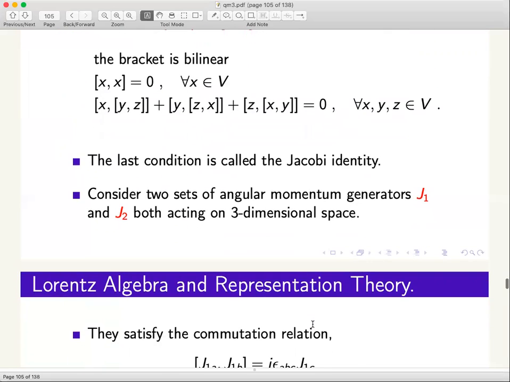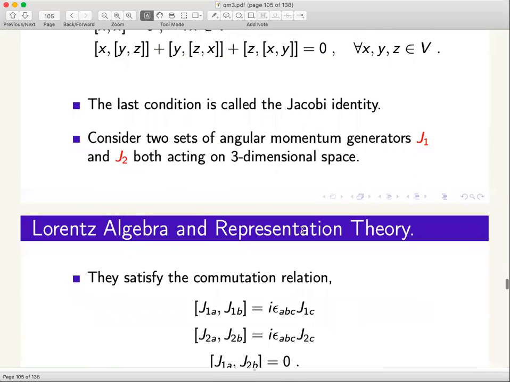Now one important point I want to emphasize here is that they have the same transformation property. In this example, they have the same transformation property with respect to all spatial transformations, which includes not only rotations, but even reflection. So if you look at a transformation like x vector going to minus x vector, both J1 and J2 transform in the same fashion. We know that the angular momentum generators transform like what are called pseudo vectors.